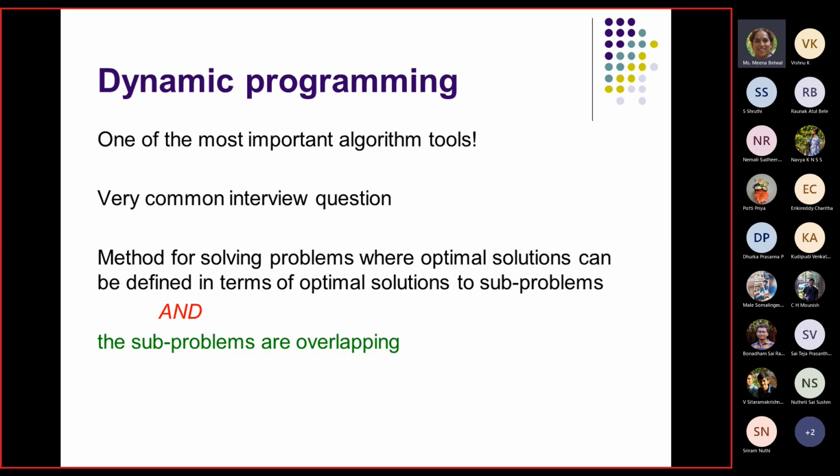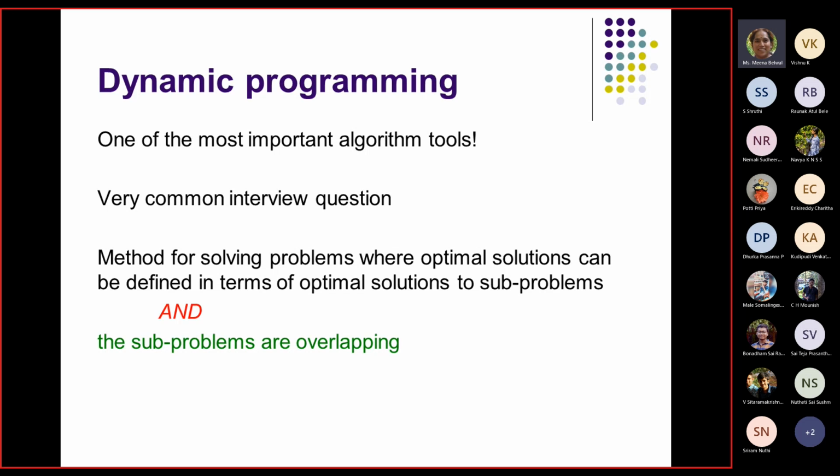We define dynamic programming like this: these are methods for solving problems where optimal solutions can be defined in terms of optimal solutions to sub-problems. So dynamic programming is an algorithm design technique wherein the solution to a problem is provided by solving the sub-problems.